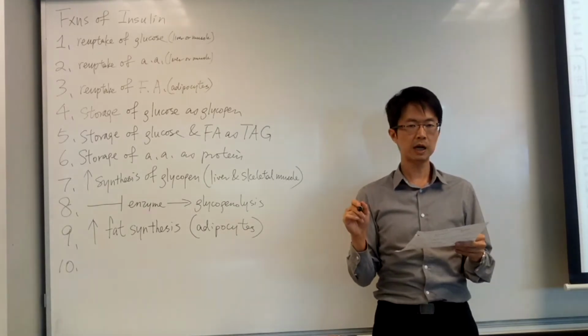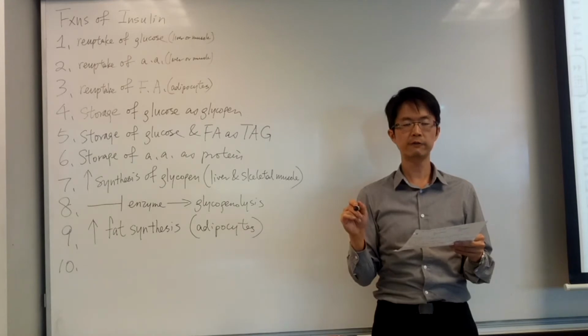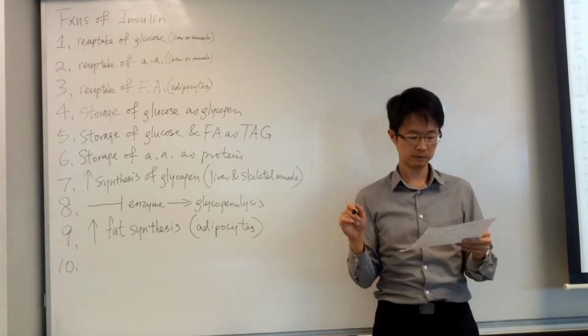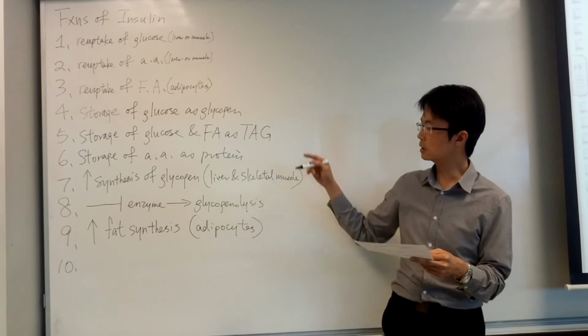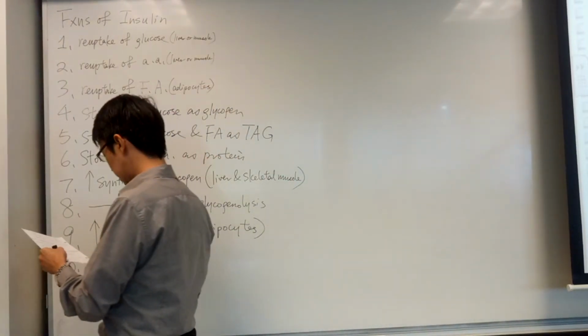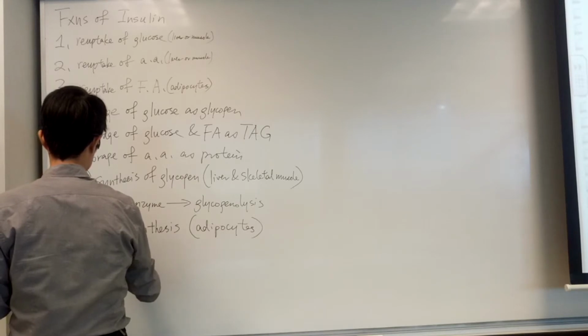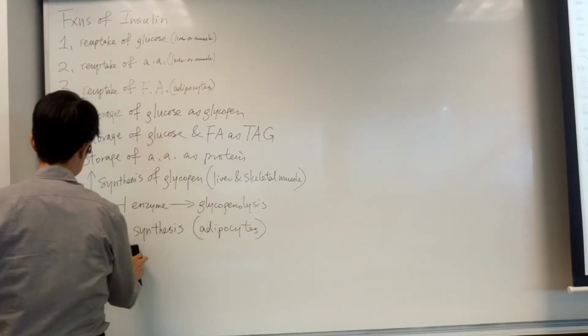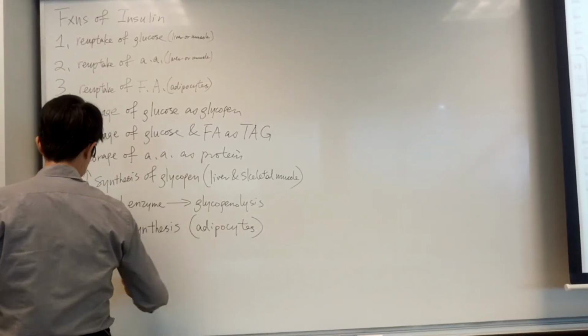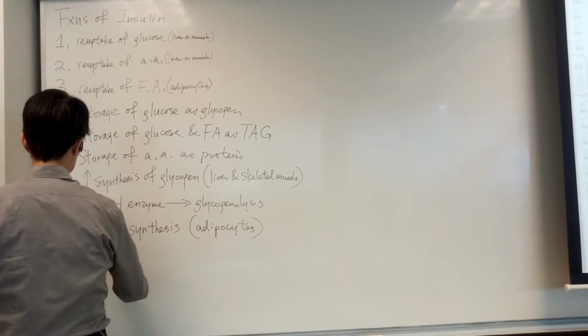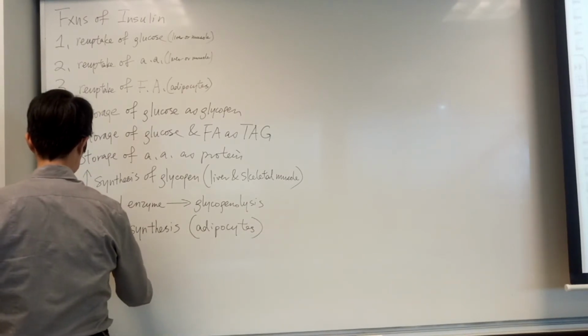So the breaking down of the body fat into glycerol and fatty acid, we call it lipolysis. And so insulin can inhibit. Well, I shouldn't say inhibit. That's too extreme. Insulin can decrease lipolysis.